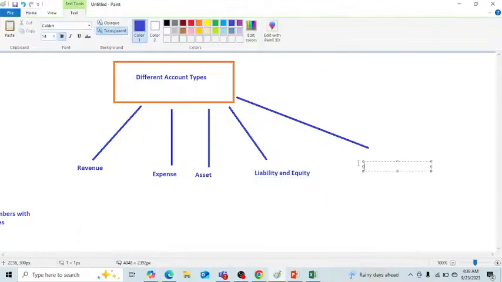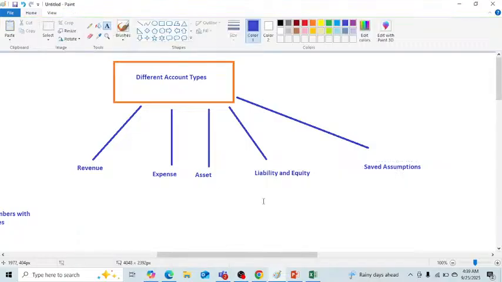Then we have saved assumptions. So these are the accounts that we have. Again, we can understand it.